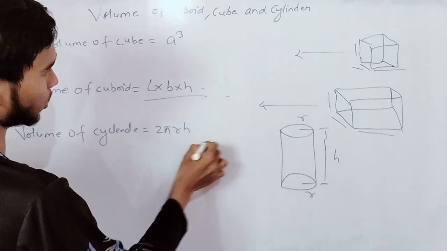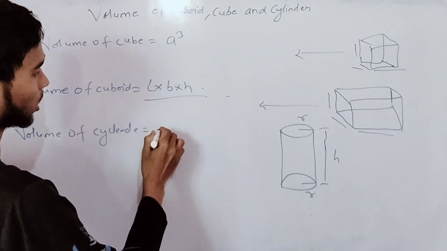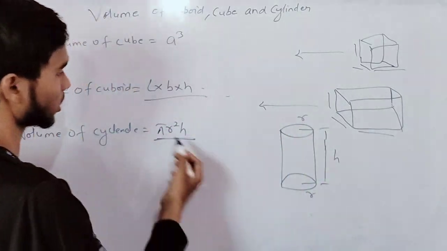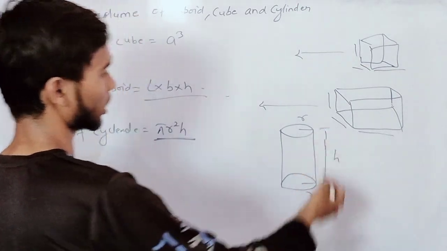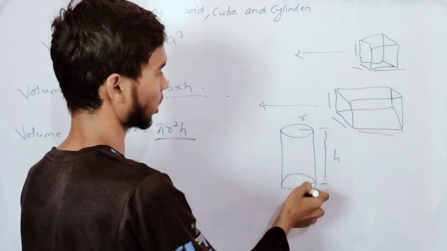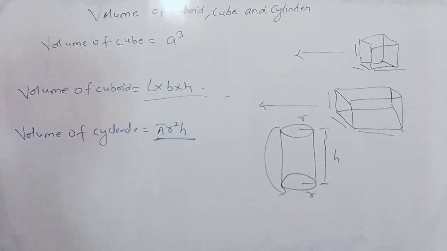No. Pi r square h. We have r square and pi only alone, and this h. Why r square? Because we have circles.